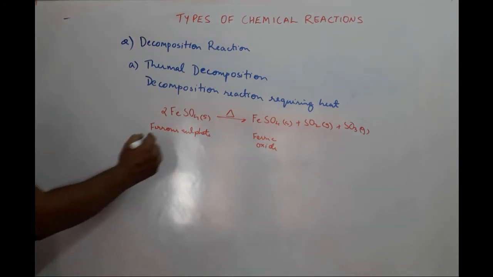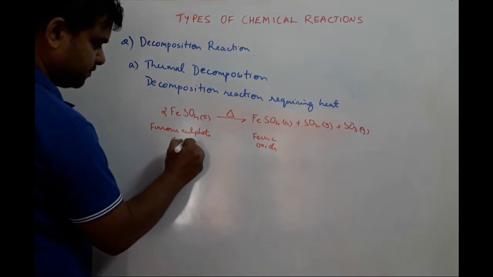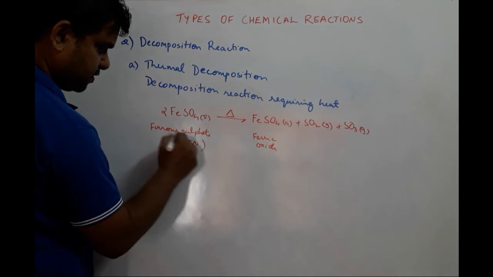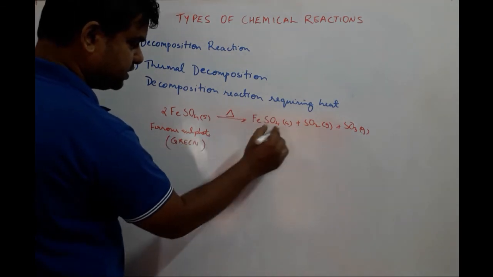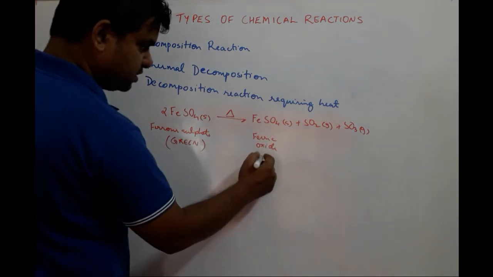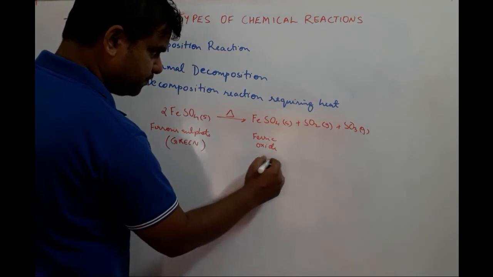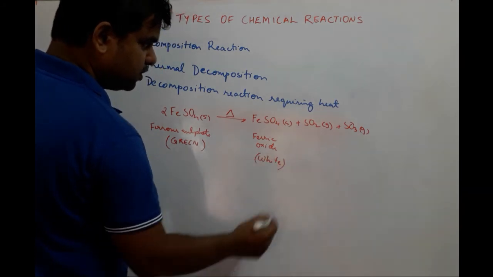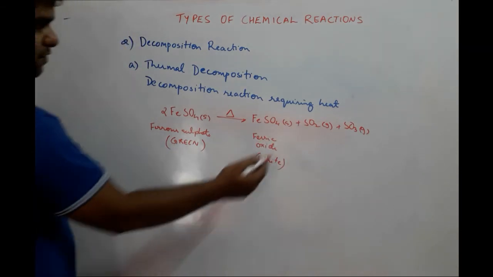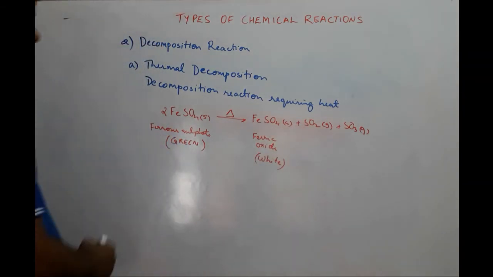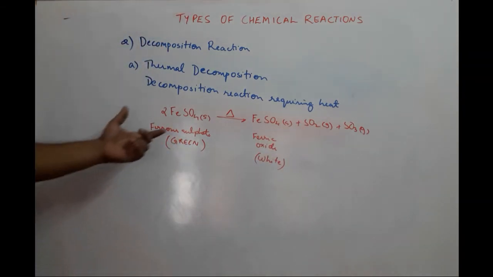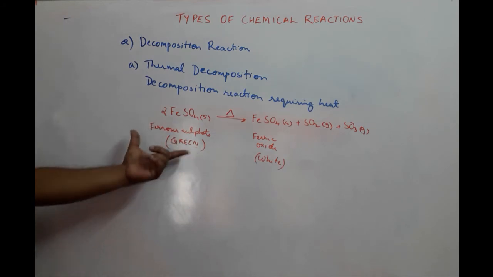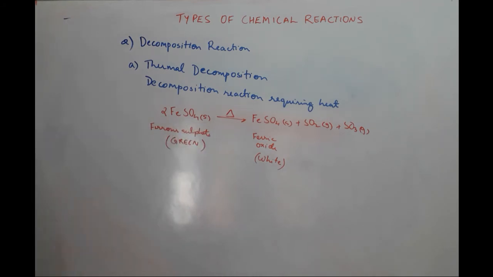The reactant is green in color, and when heated the crystals lose water to form white crystals, along with the evolution of sulfur dioxide and sulfur trioxide gases. So once again, heat is required for this particular reactant to break down to give us more products. Let's move to the next type of reaction.